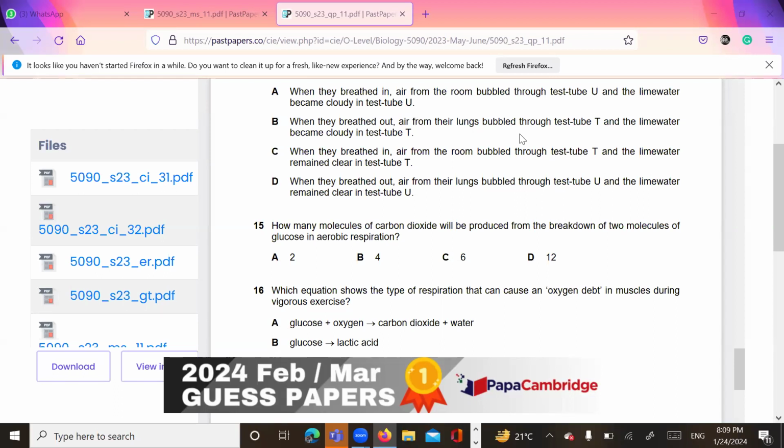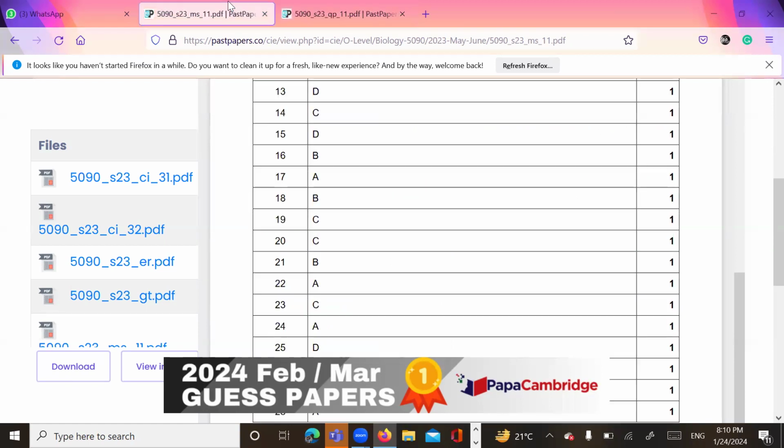I guess it's 12, because one molecule of glucose produces 6 molecules of CO2, so it would be doubled. Let's see. Question number 15, B.